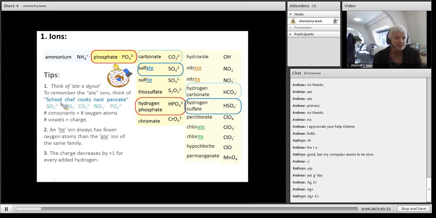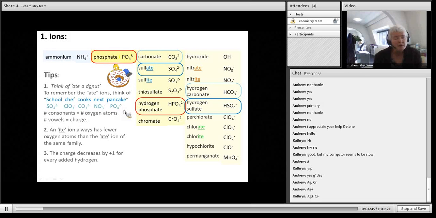And then the consonants are the number of oxygen atoms. School has 4 consonants, so 4 oxygens. The S is for sulfur, so school stands for sulfate. Chef, chlorate. Cooks, carbonate. Next, nitrate. Pancake, phosphate. Might be a way.